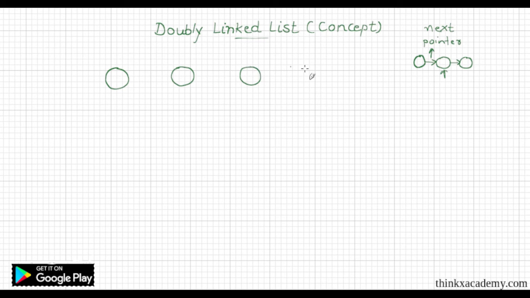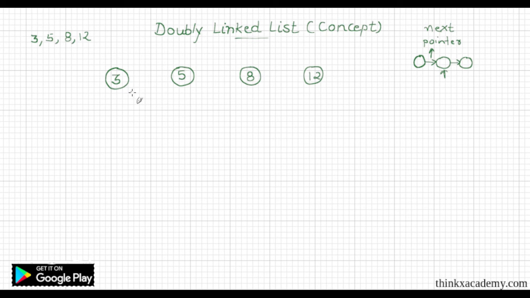Let's suppose these are the nodes, and let us take an example of four integers like 3, 5, 8 and 12. So let me fill in the data here: 3, 5, 8 and 12.